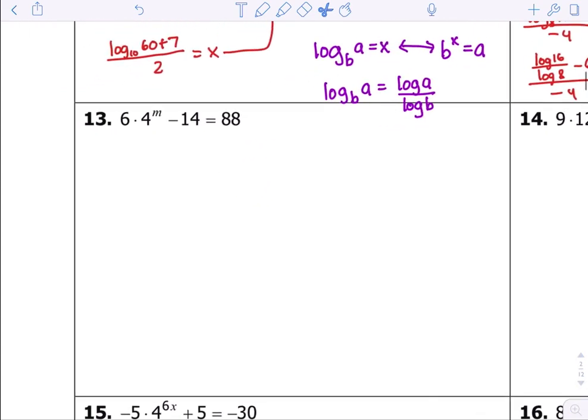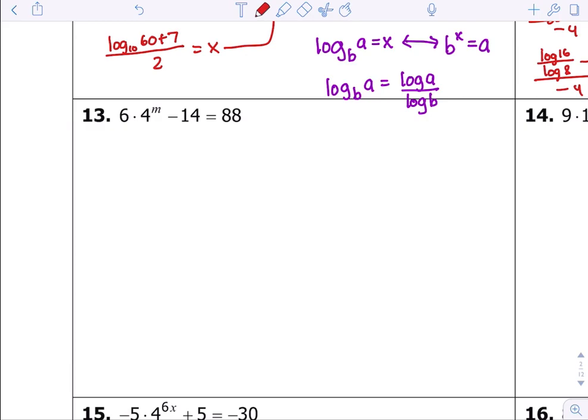All right, so for 13, you have to just isolate your b to the m power. So we need to add 14 to both sides first, and then divide both sides by 6. So 4 to the m is equal to 17.